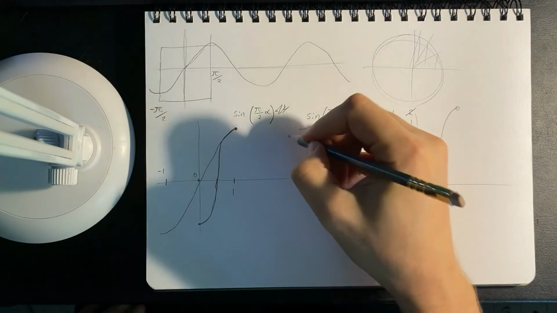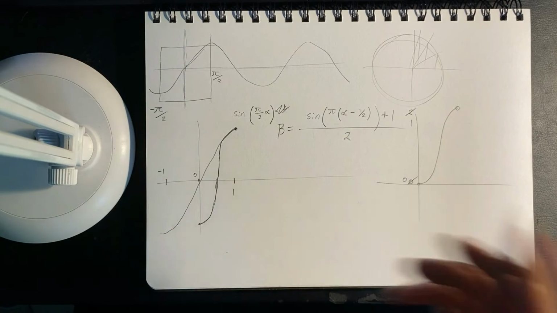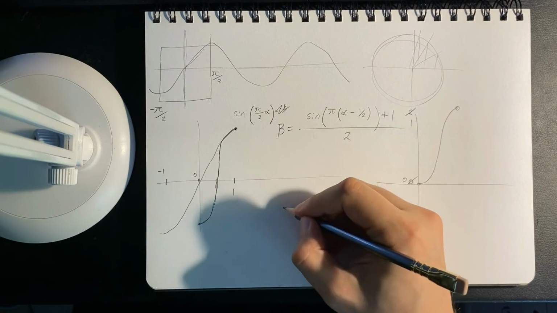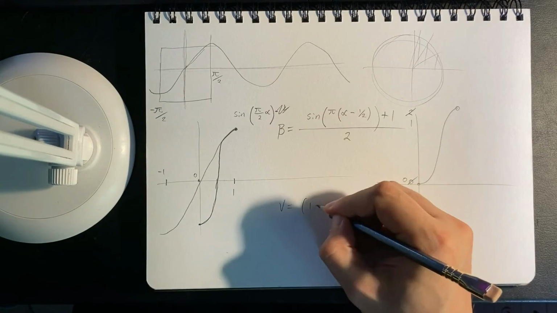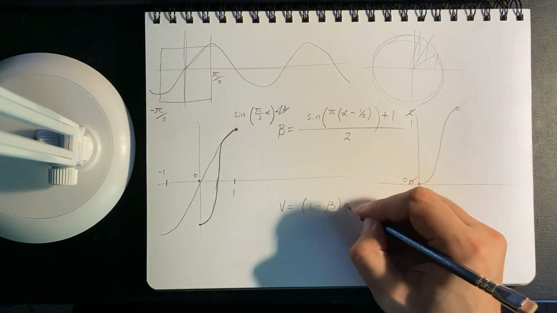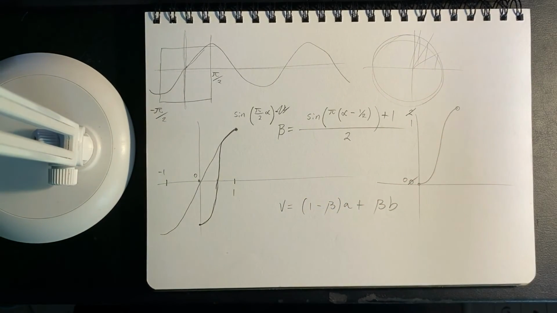Okay, so I'll define a new parameter, call it beta, that's what it's equal to, and then our interpolation will be the value is 1 minus beta times A plus beta times B. And there we have it. So enough theory, let's have a little look at the code.